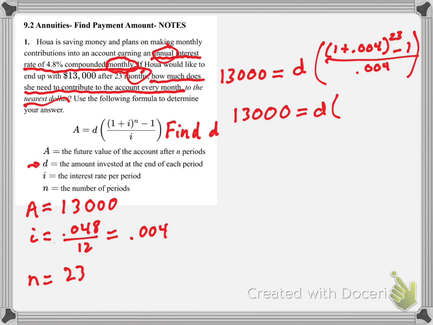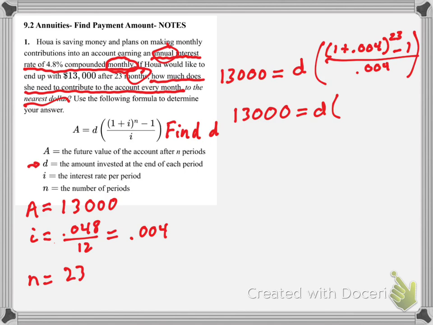So in our calculator, we're going to figure out what's in the parentheses first. So parentheses, control, divide. So parentheses 1 plus 0.004, parentheses to the 23rd power, then right arrow to get out of it, minus 1.